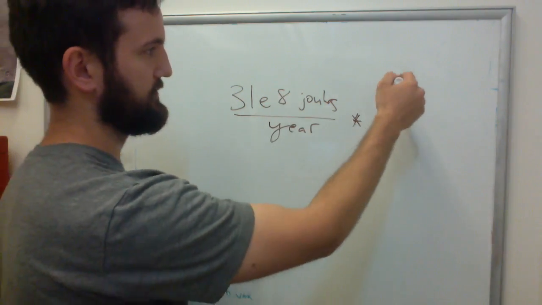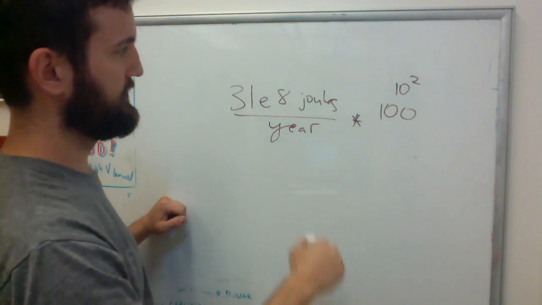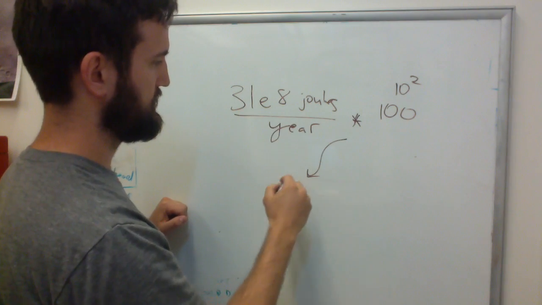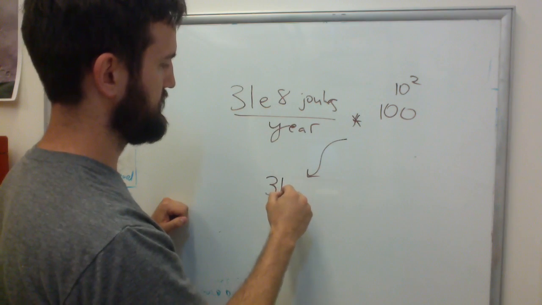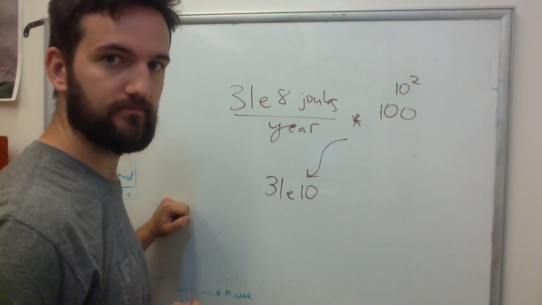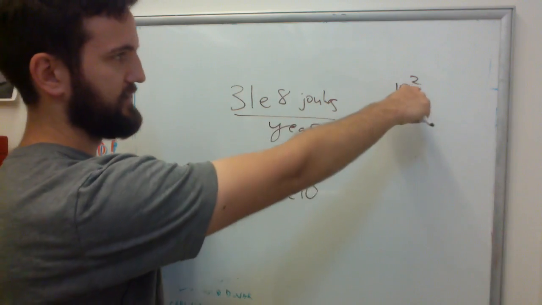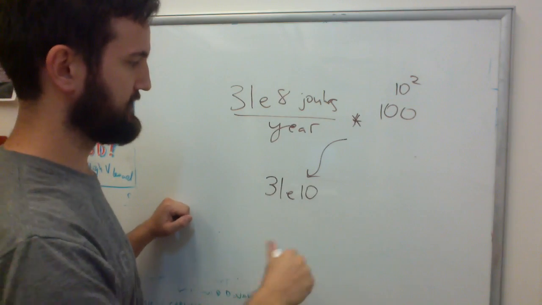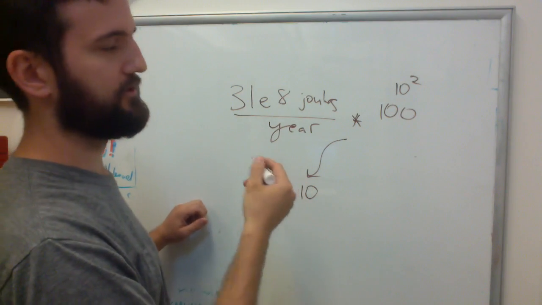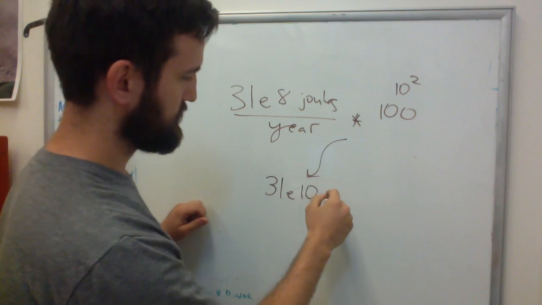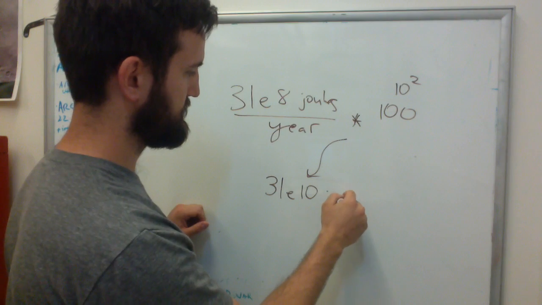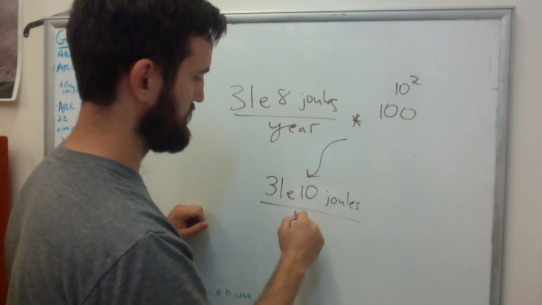Remember, 100 is 10 to the second power. You do your exponent multiplication, and 31e8 becomes 31e10. This 8 is just added to 2. I hope that's clear. So the estimated energy output of a household we're calling 31e10 joules per year.